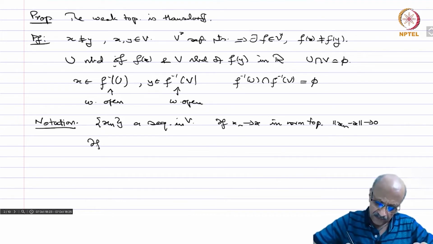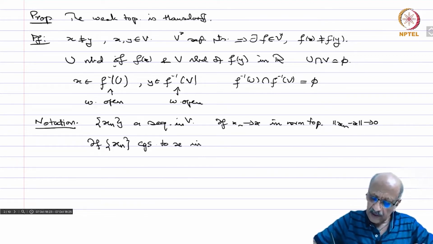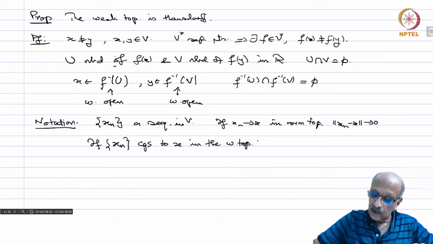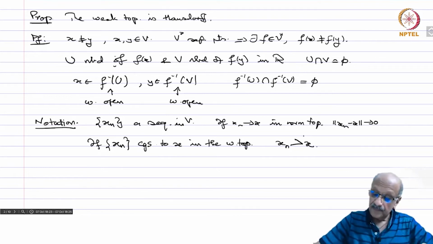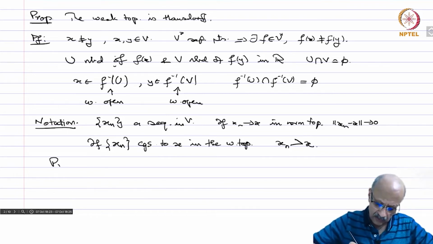If x_n converges to x in the weak topology, so we call it weakly convergent, then we write x_n with a half arrow, x_n weakly converges to x.